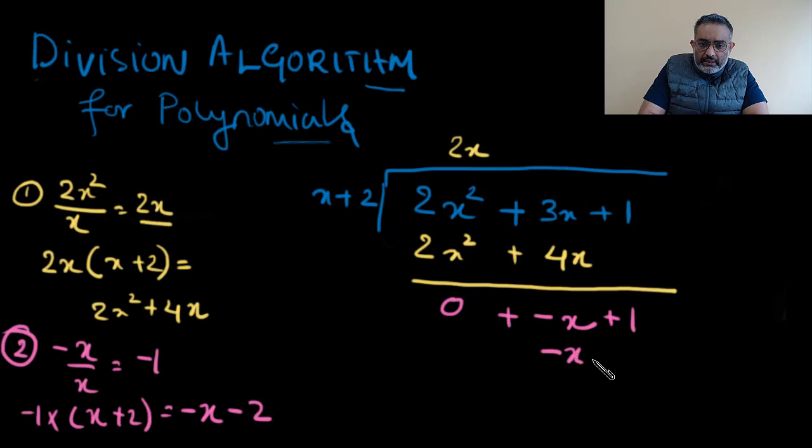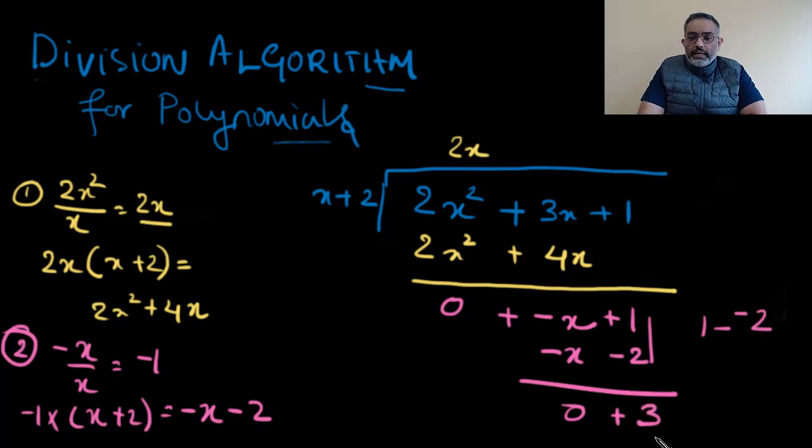So you get negative x minus 2, and if we were to subtract, this would become 0, and this portion become 1 minus minus 2, or 1 plus 2, or positive 3. All right, so there we have it. I'm sorry, I should have written this minus 1 over here. This goes over here.